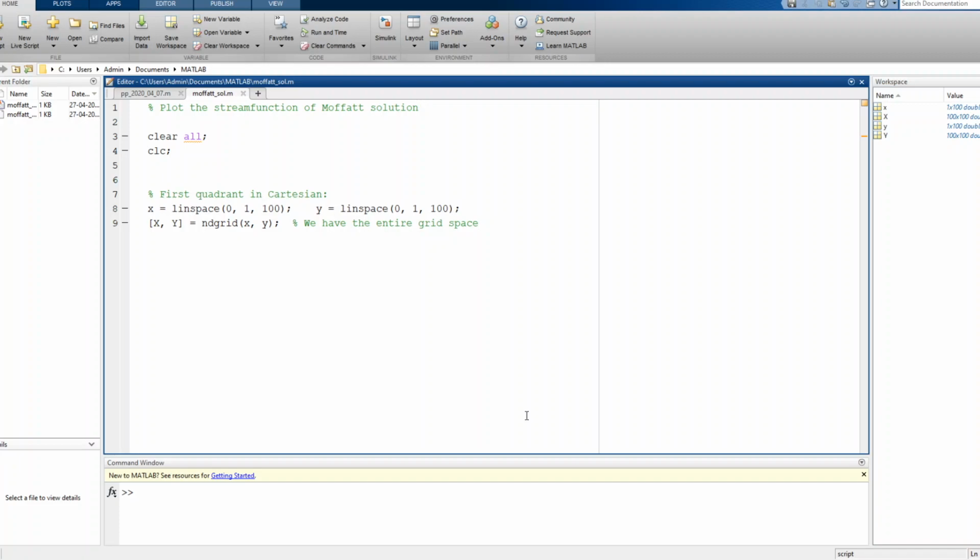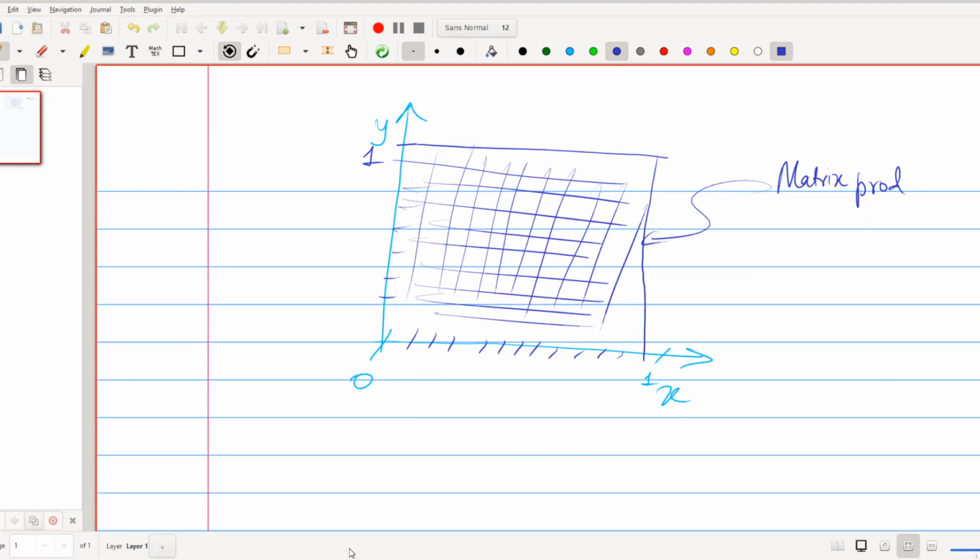r theta coordinate system, we must first define what r and theta are. Let us quickly see what the solution was.